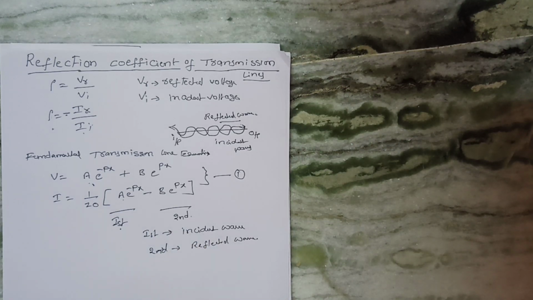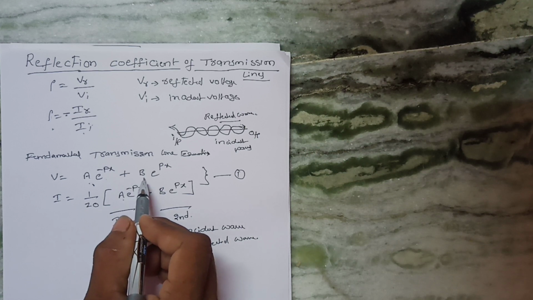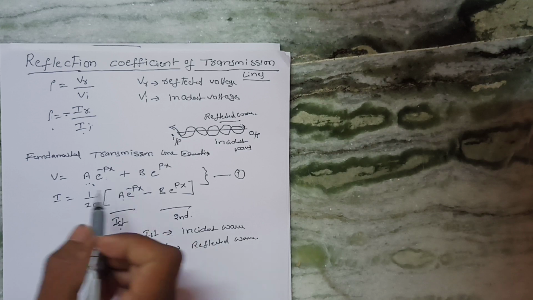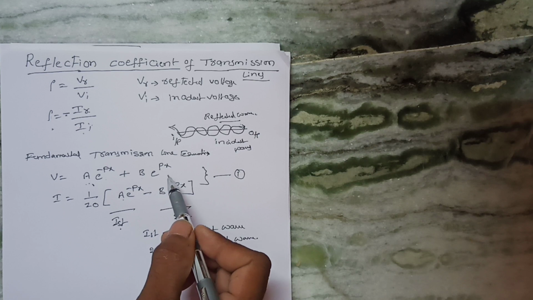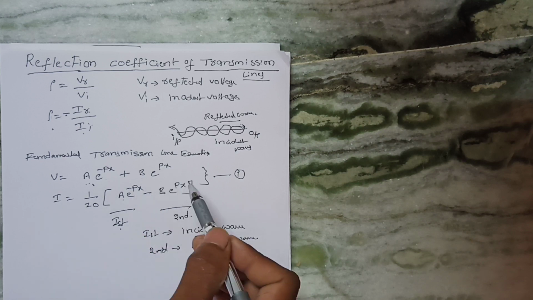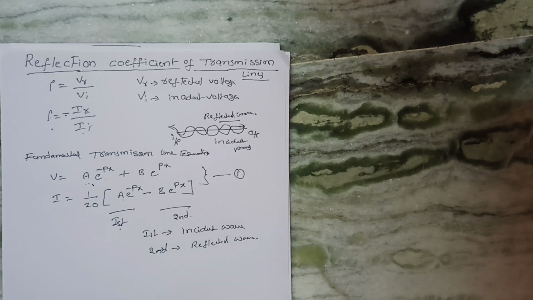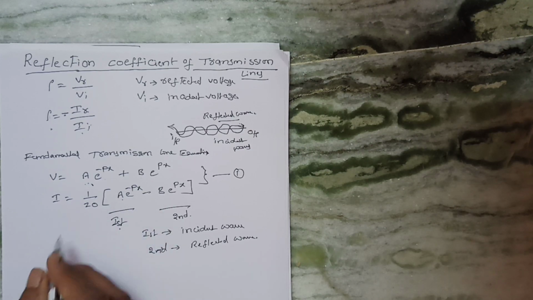In V is equal to A into exponential minus Px plus B into exponential plus Px, the first term indicates the incident wave and B into exponential plus Px, the second term, indicates the reflected wave. From these two equations we can derive the reflection coefficient.